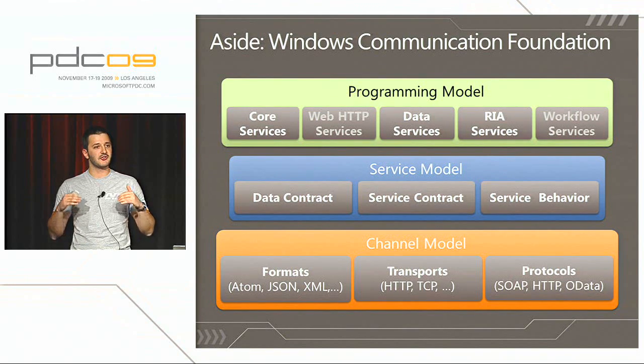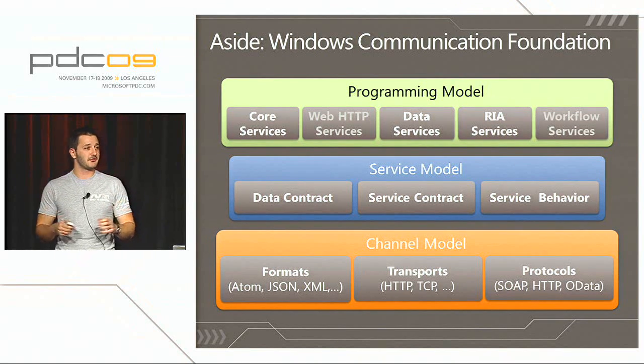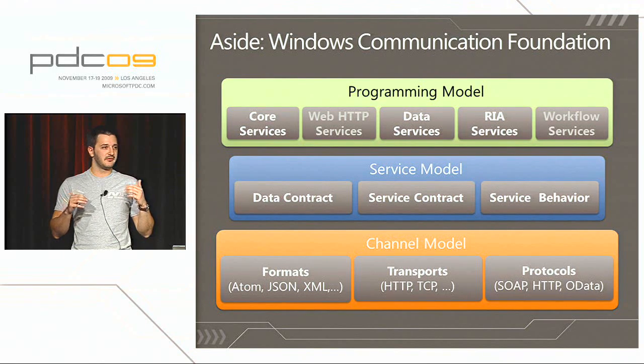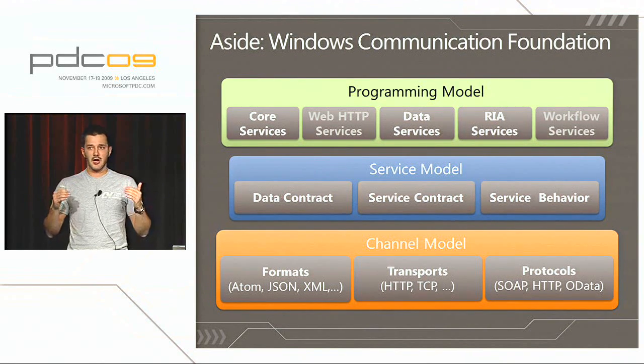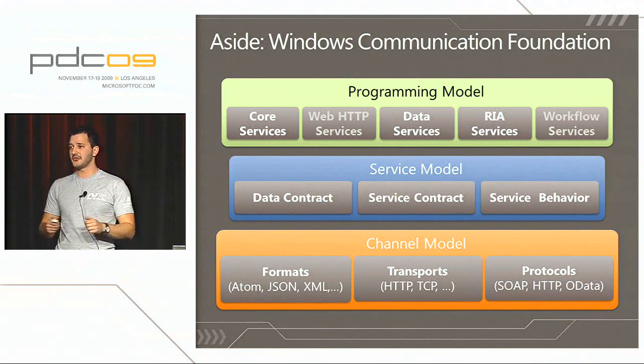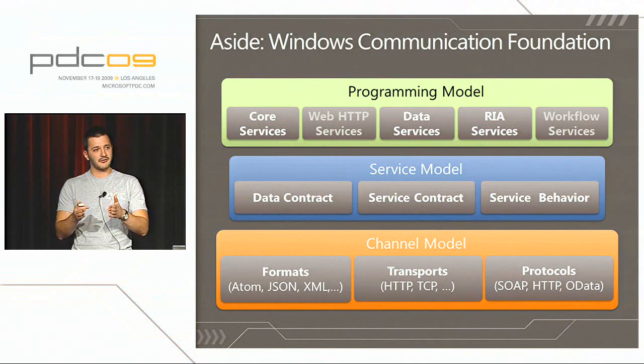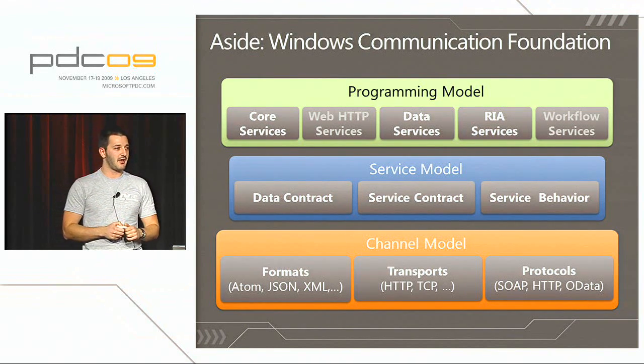On top of that, there's a service model level, which provides you the tools to build a general purpose service description. What we're announcing today is that data services and RIA services are just programming models on top of the existing WCF service model. You can think of them as on-ramps for some specific scenarios that get you off the ground really fast.